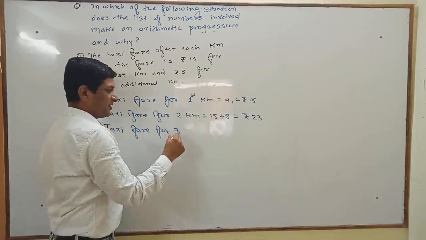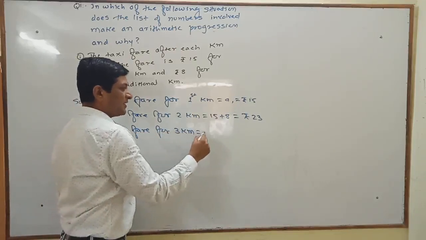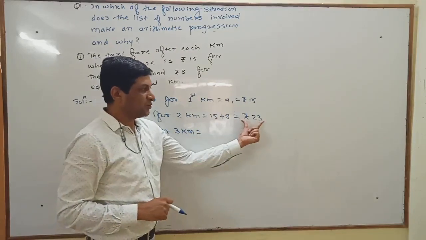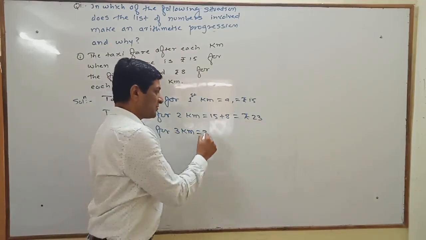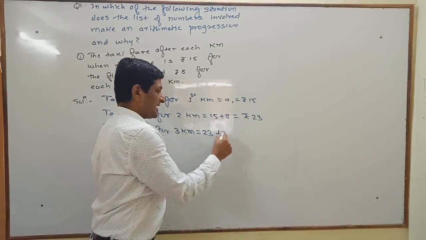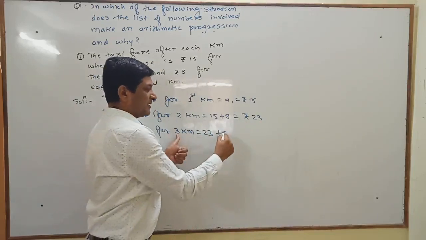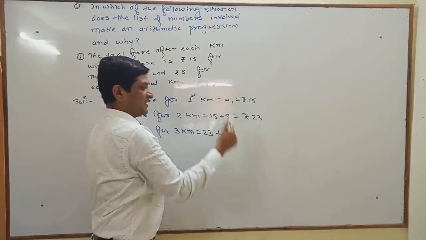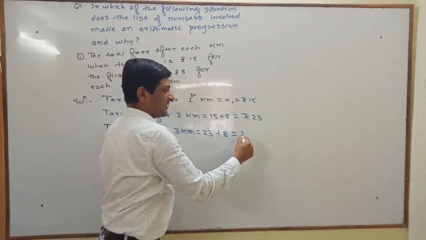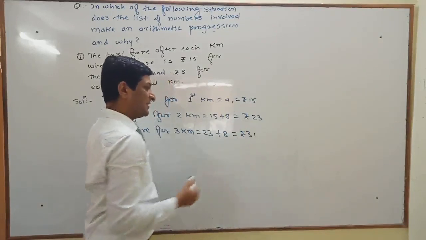Now we are finding the taxi fare for 3 kilometers. Already we know that the taxi fare for 2 kilometers is 23, and the taxi fare for the third kilometer is rupees 8 according to the given condition. So 23 plus 8 is equal to rupees 31.